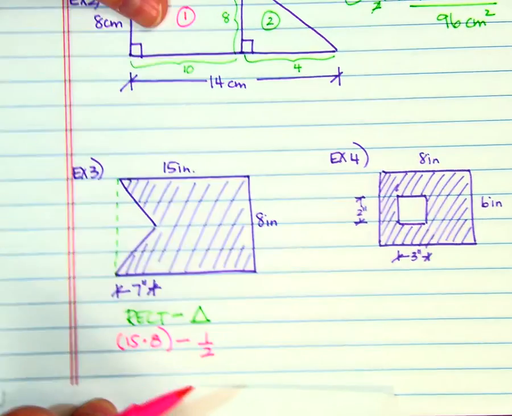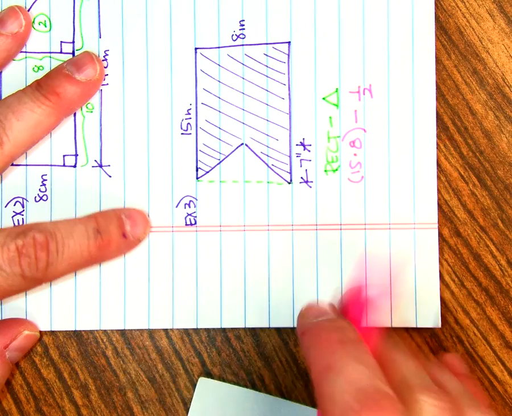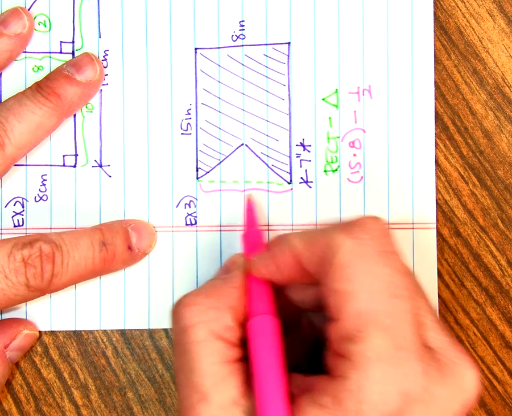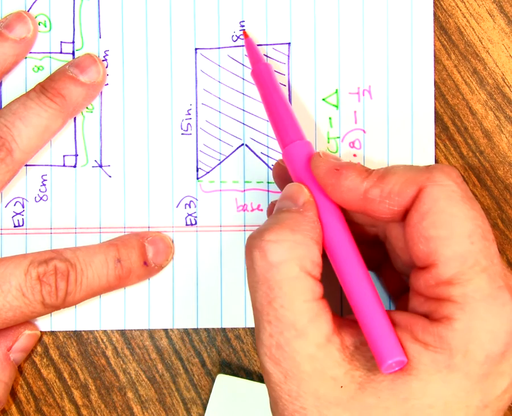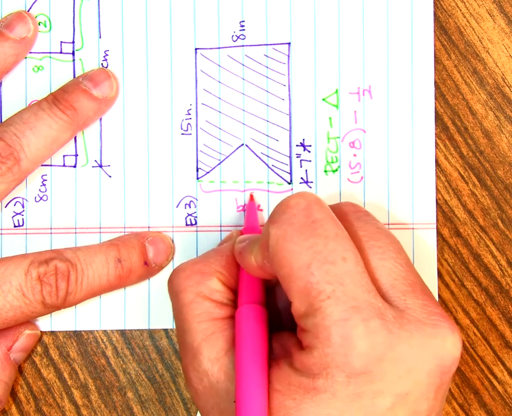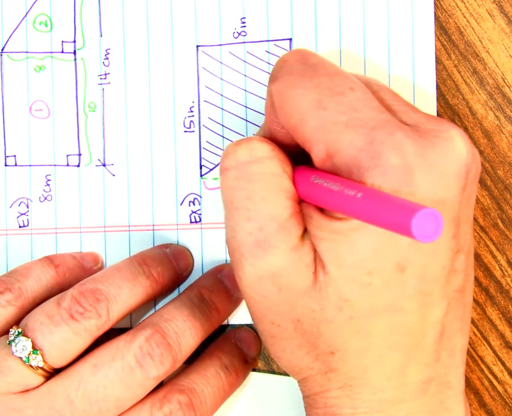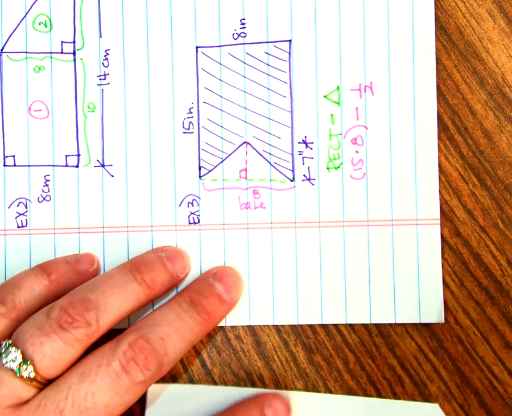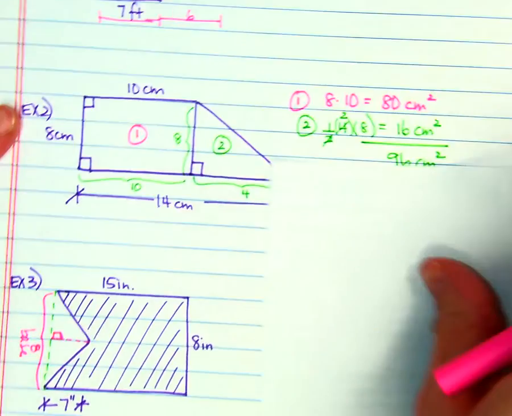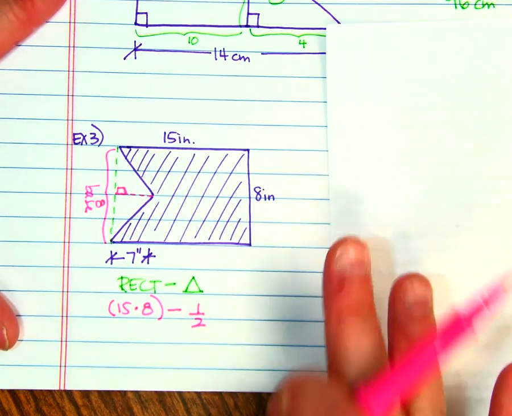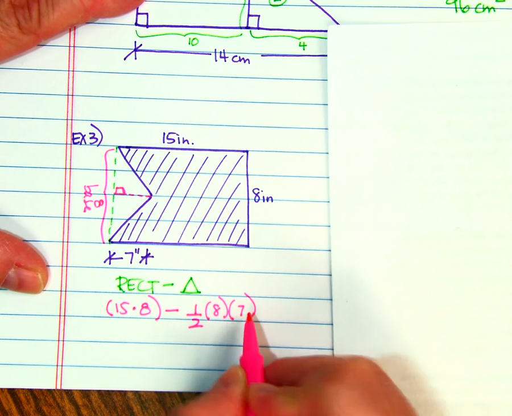So you can see what I'm doing, the base would be this piece. And if it's 8 inches over here, then this must also be 8 inches. And I've got to find my height, which would be that piece in there. Well, I am given the height of 7. Turn my figure back around. So 1/2, my base, which is 8, times my height, which is 7.